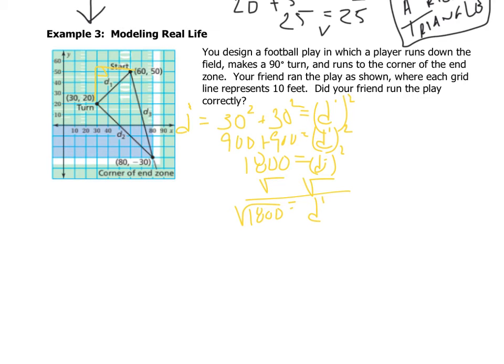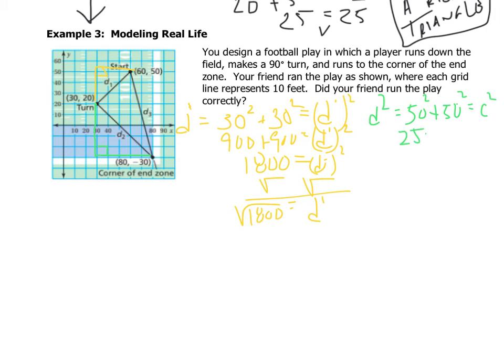Let's then focus on D2. So D2, 10, 20, 30, 40, 50, 10, 20, 30, 40, 50. So if I go down 50 and then over 50, I'll create that right triangle for D2. So D2 would be 50 squared plus 50 squared equals c squared.